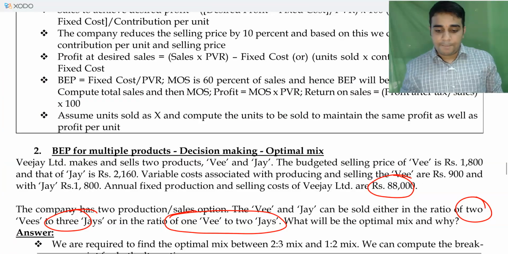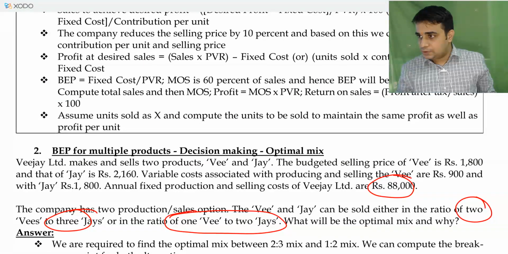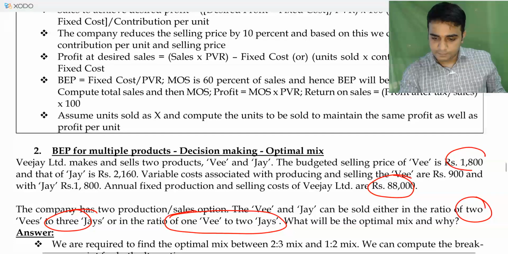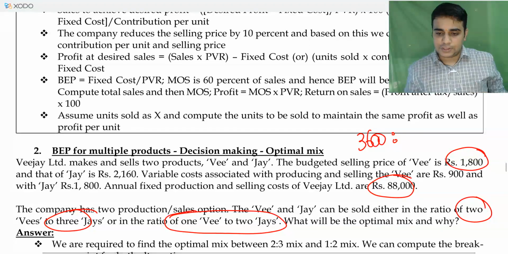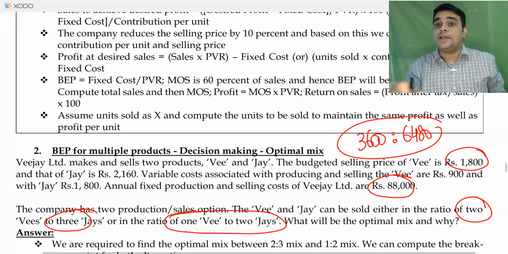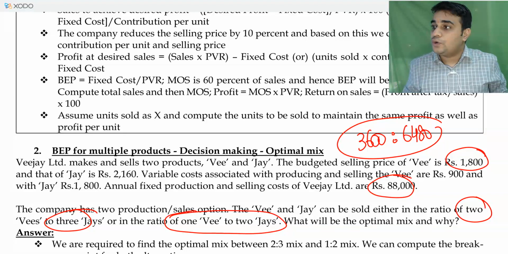The question has mentioned the company plans to sell in the ratio of 2:3, 2 V's to 3 J's. What is the selling price of V? So 2 V is 3,600. 3 J is 3 into 2160, how much? This, if you look at, is not in the ratio of 2:3.